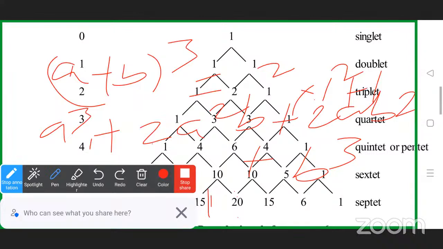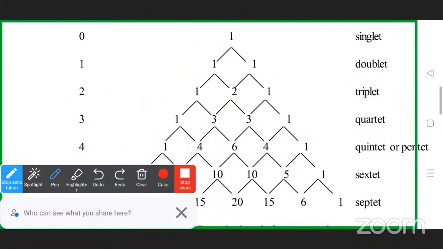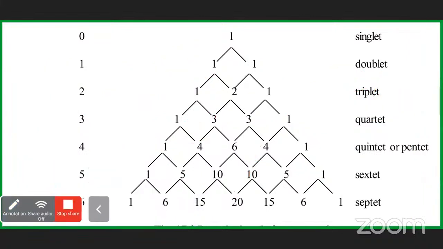I don't know, because I do not belong to MPC, maths here. So you can go with this, calculate, then you will get this. So 1:3:3:1 here. Then you get a quartet here.